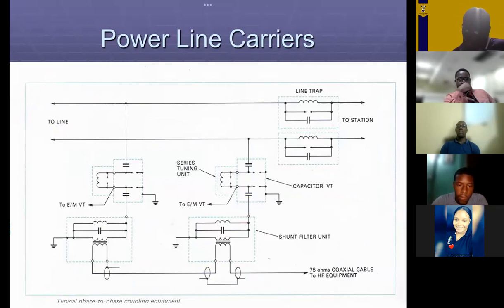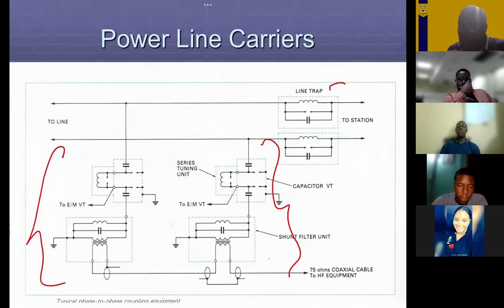Right? So at one end, we have the line. So note that the entire communication and information section of the protection scheme does not impact customers. Right? Doesn't impact customers. So what you're doing, to the line, you put that on, coming into the station, you take it off.